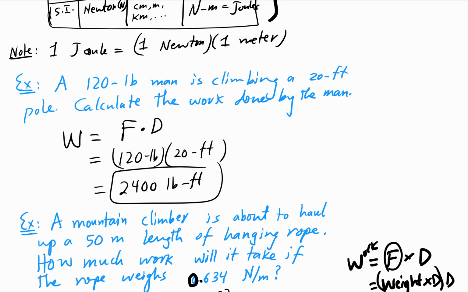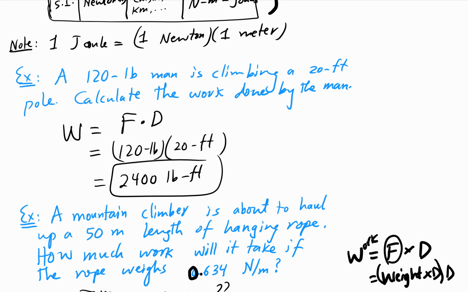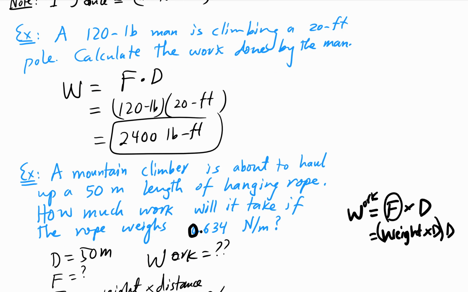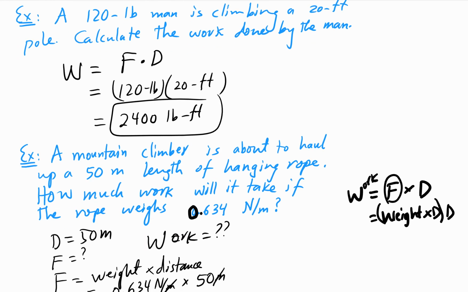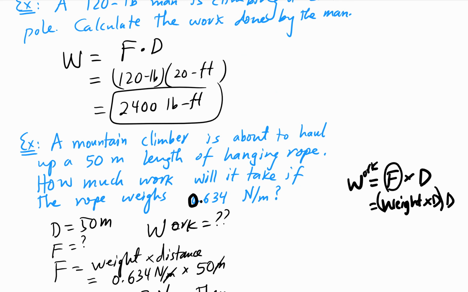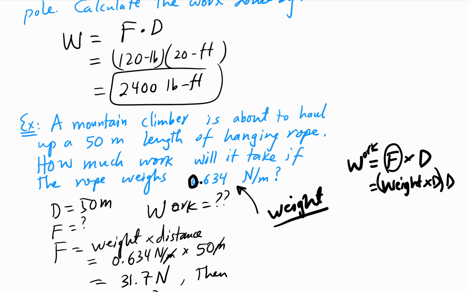So what we do here is, first we can find the force, which is weight times distance, and the weight here, newtons per meter, that's for the weight. This is the weight, and it's given to us. So then notice how the meters cancel. If we multiply 0.634 by 50, that will give us 31.7 newtons.